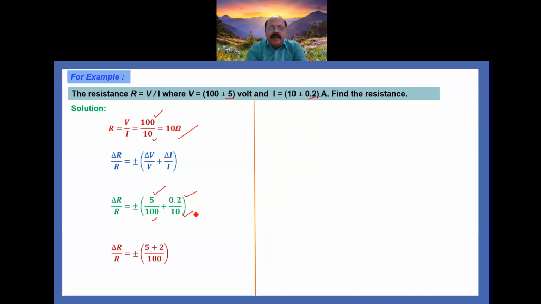So delta R upon R equals plus minus 5 plus 2 upon 100, that is 7 upon 100, and R you take the cross multiplication. So delta R equals plus minus 7 upon 100 into R. R you have already calculated, that is 10 ohm. Substitute the value, delta R equals plus minus 7 upon 100 into 10. So you will get delta R equals plus minus 0.7 ohm. Then finally the result we write, R plus minus delta R equals 10 plus minus 0.7 ohm. So this is about an example for error of division.